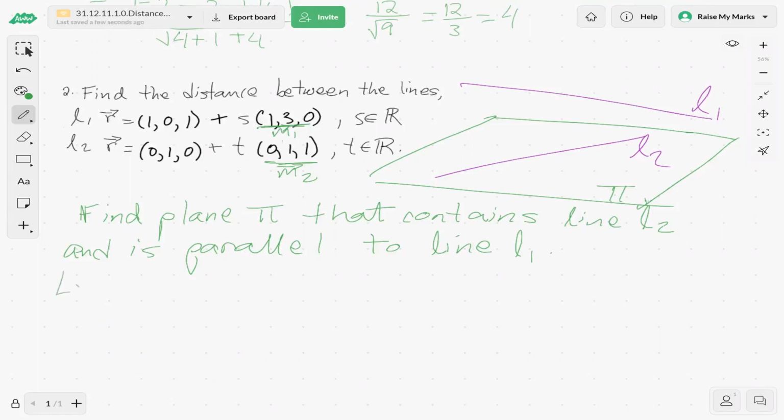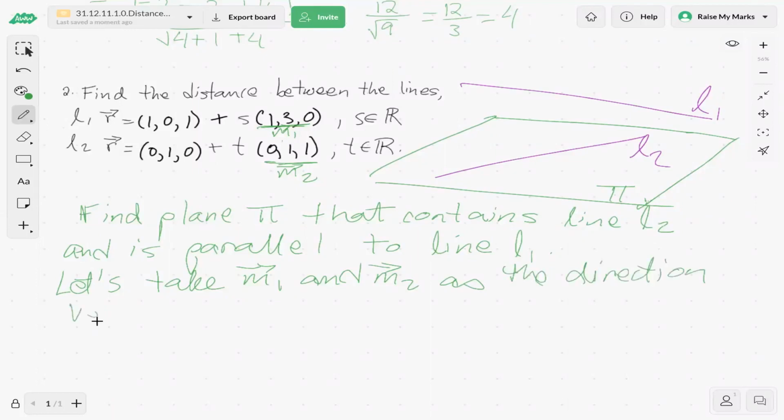So let's take M1 and M2 as the direction vectors for pi.